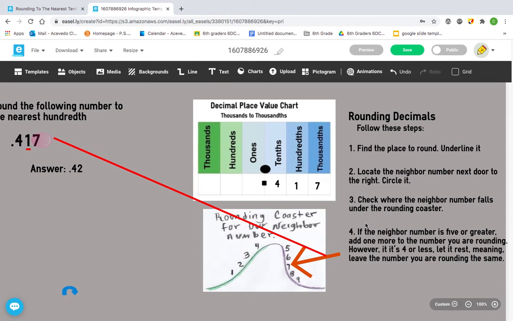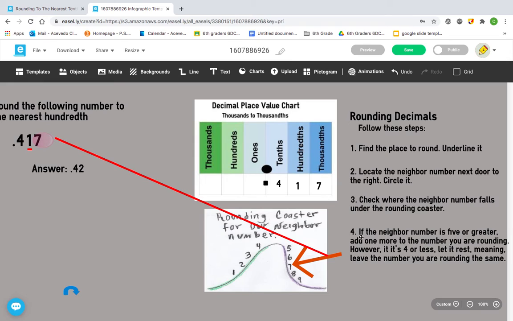And then I look at the last rule: if the neighbor number is 5 or greater, add 1 more to the number you are rounding. I see that 7 is 5 or greater, so the number I'm rounding, in this case 1, has to go up by 1. So the final answer will be decimal 42.